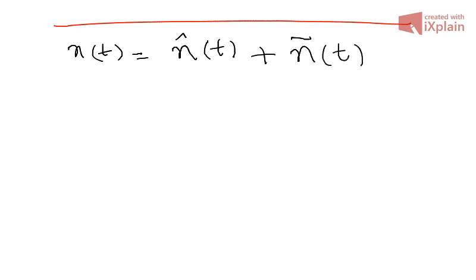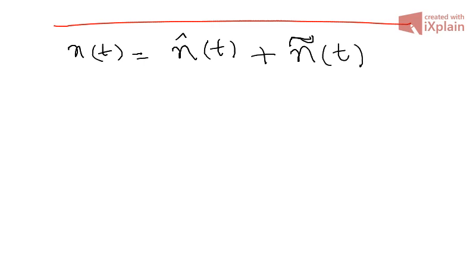From the above expression I can represent my noise as the noise of interest, which I denote by n hat of t, and the noise in other dimensions, n tilde.